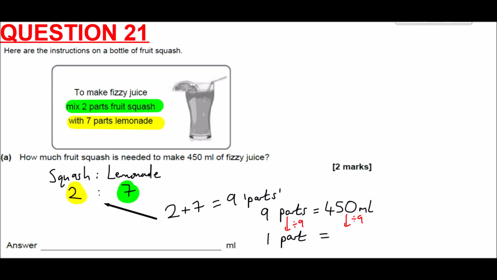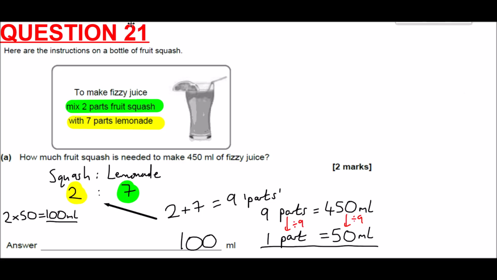Well, 45 divided by 9 is 5. Pop a 0 at the end. We'd have 50. And so each part represents 50. This fruit squash, we have 2 parts, and so 2 times 50 gives us 100 mils. And so we'd mix 100 mils of fruit squash to make 450 mils of juice altogether.